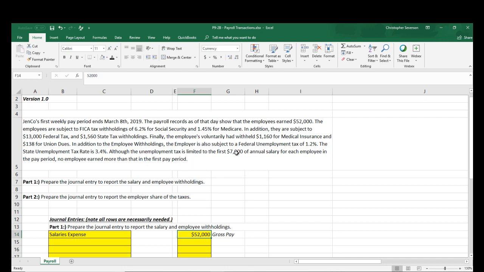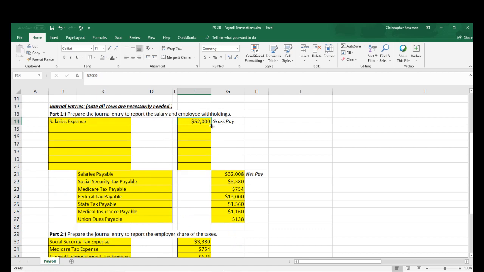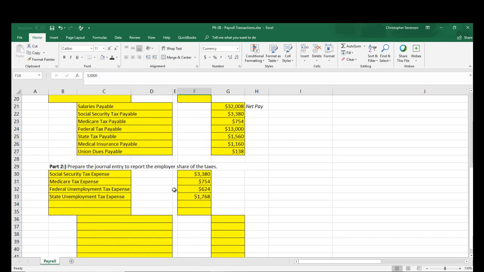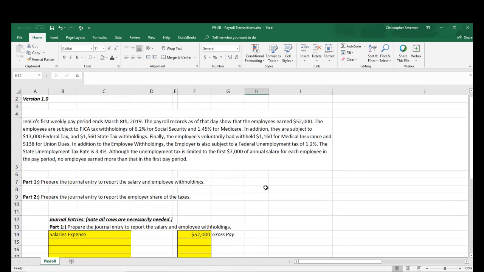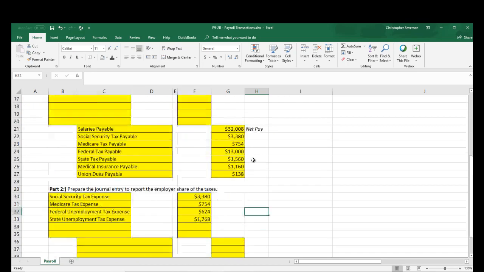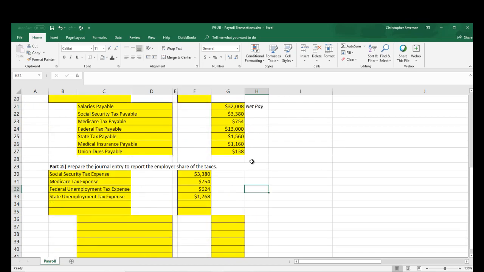So this is 7,000 times X number of employees that could make up this 52,000. That's why we're multiplying the full 52,000 by these percentages. I just wanted to make that very clear. The other thing here is that we don't have to worry about anything else. These are the only four items that the employee has to pay, or the employer has to pay.